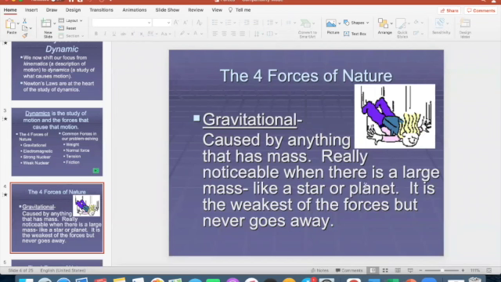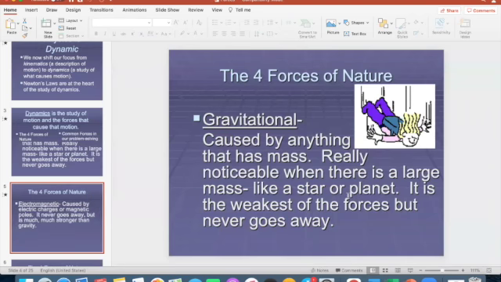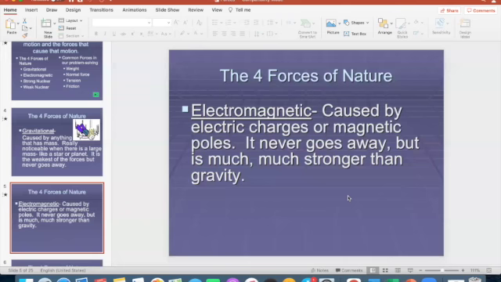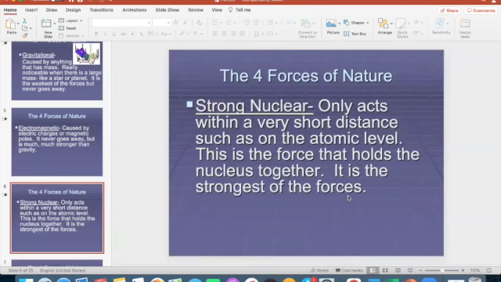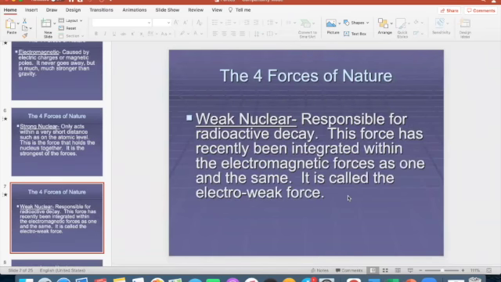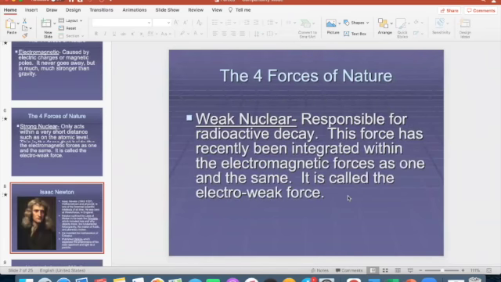For the moon, it's going to be different. For another planet like Jupiter or Mars, it'll be different as well. But gravity is a force. We're not going to focus on electromagnetism or nuclear forces right now because we'll talk about those deeper in a later chapter.